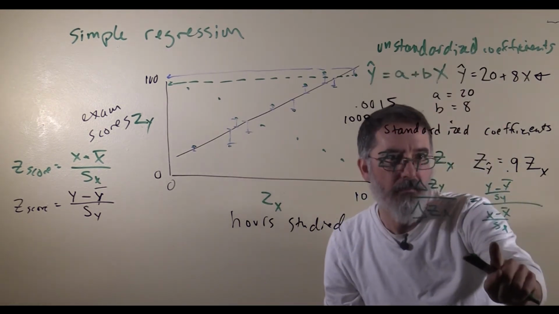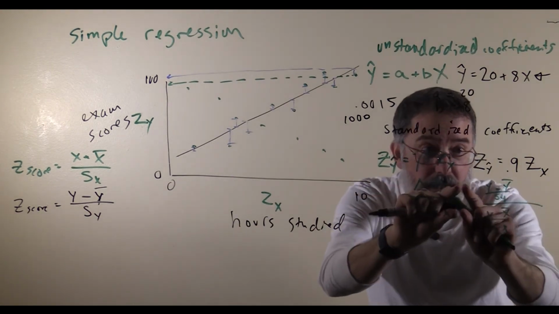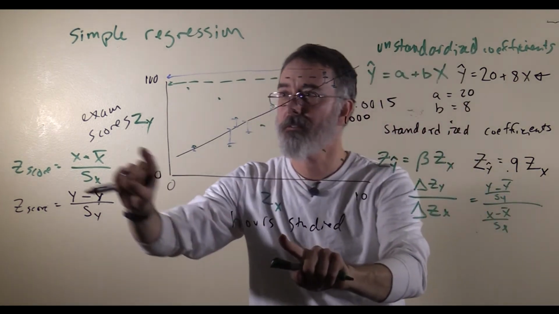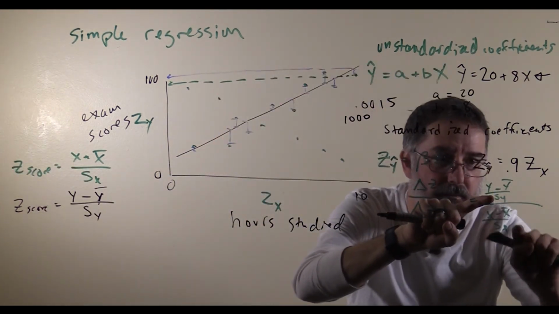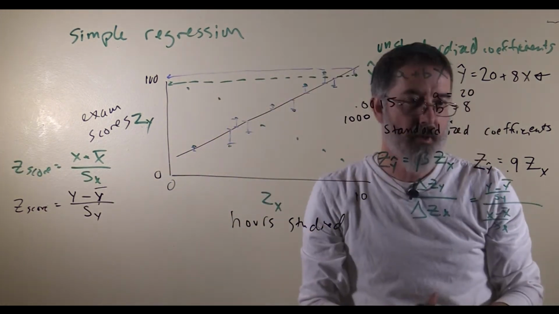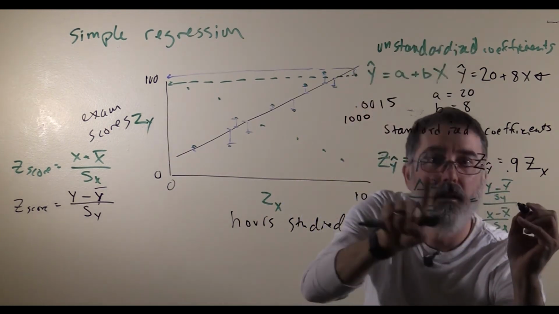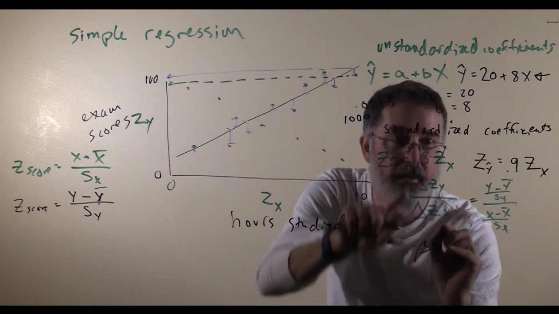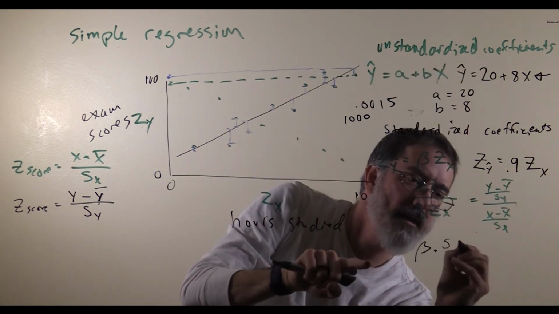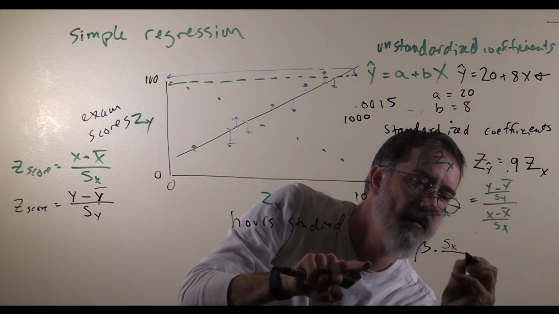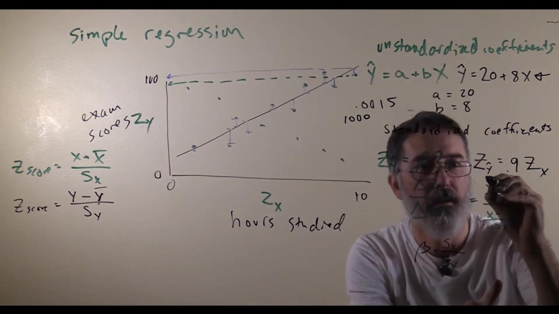Right, so if we want to turn these from standard deviation units back into hours and scores, we need to get rid of these standard deviations on the bottom. So what you can do is take a beta value and multiply it by the standard deviation of y divided by the standard deviation of x.